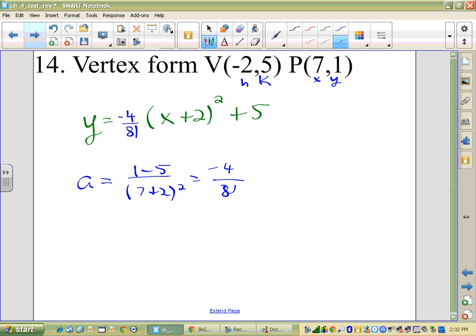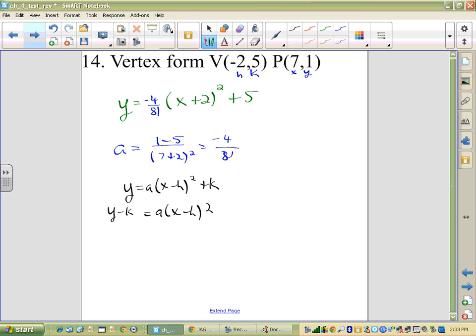So you're probably thinking to yourself, where did that come from? y equals a times x minus h, the quantity squared, plus k. y minus k is a times x minus h, the quantity squared. So I can use this formula: a is y minus k over x minus h, the quantity squared. So I just made some substitutions.